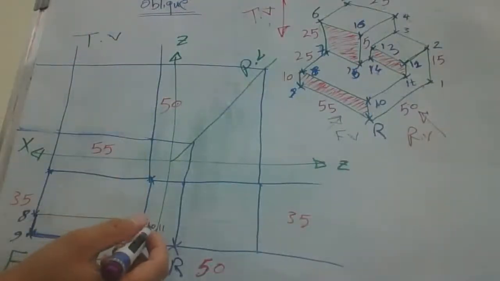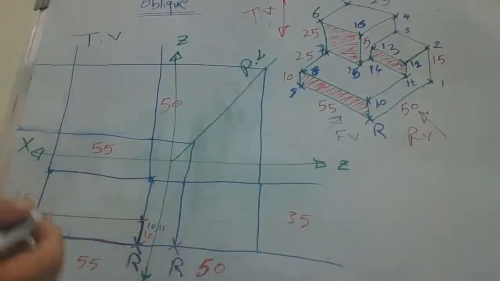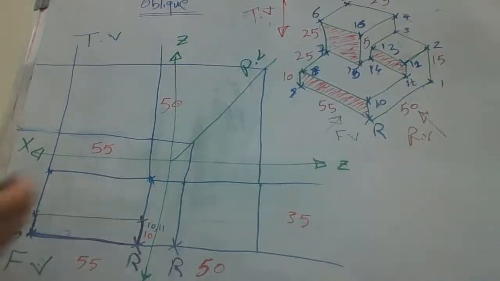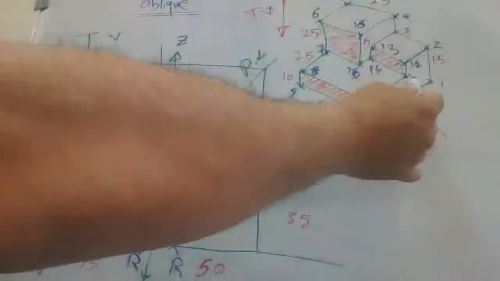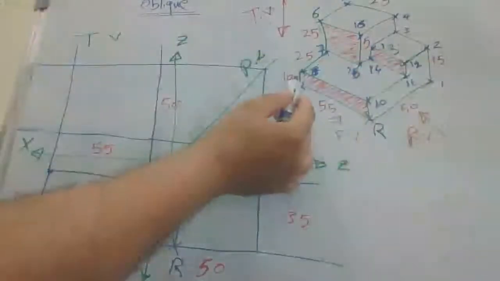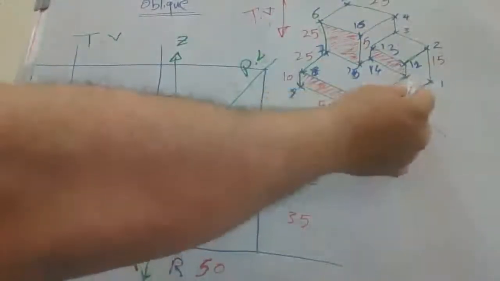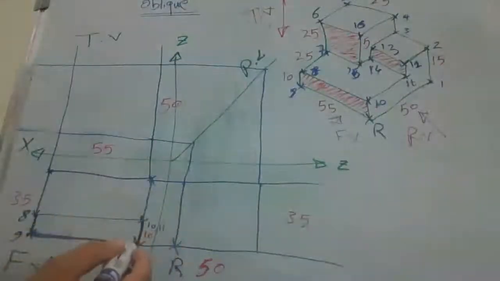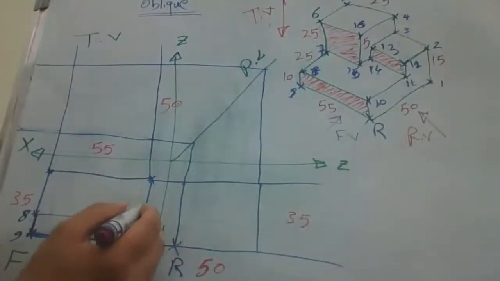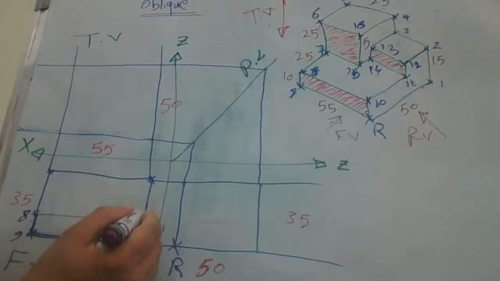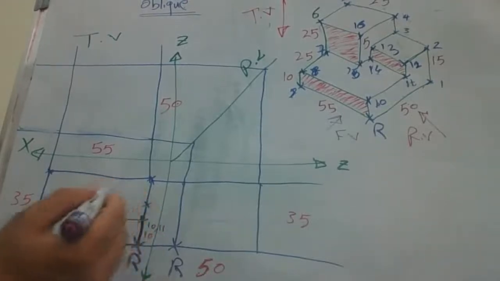This is the total one, from 3 to 4. Now, from 1 to 12, 15, and we remove 10. So from 11 to 12, 5 millimeter. So we can here draw just 5 millimeter to 12.